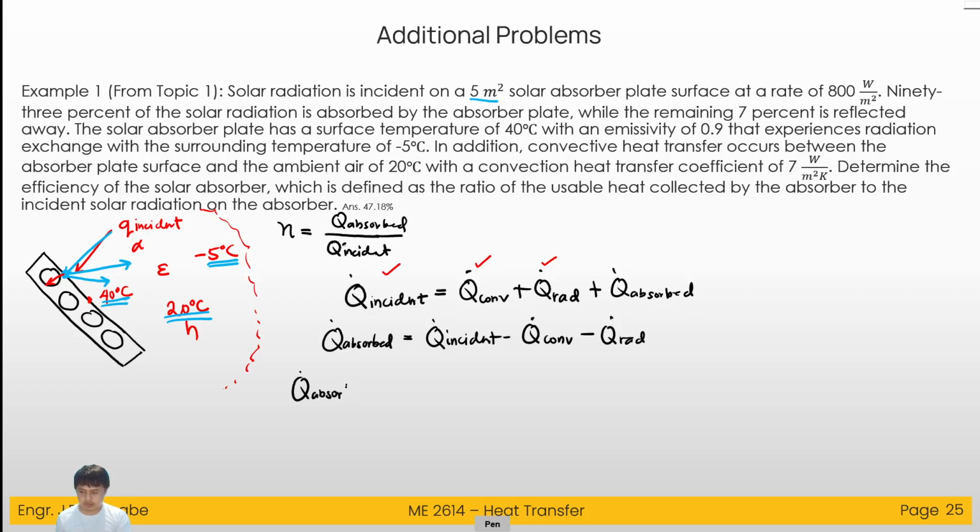Okay. So Q incident is just equal to the heat flux times the area, no? So this will be just 800 watts, or actually it's better to just write the formula first, no? And then minus Q convective. So the Q convective is HA, this is convective, no?